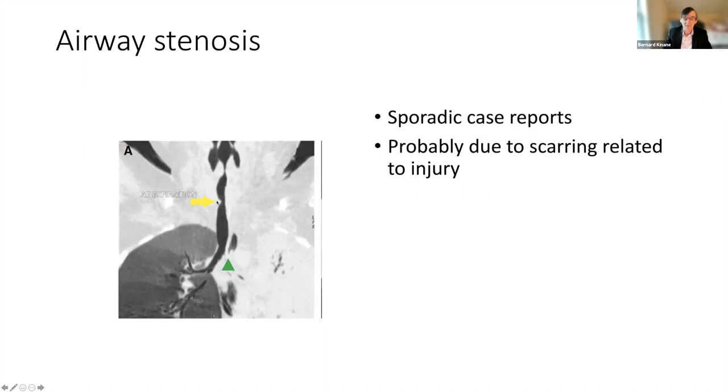Now, it is very hard to treat because you have to cut the airway with laser, and that in itself is injuring the airway and can lead to further scarring, but it's still the mechanism of action. Now, having said that, it is very uncommon, but it does occur in some patients with Myhre syndrome.